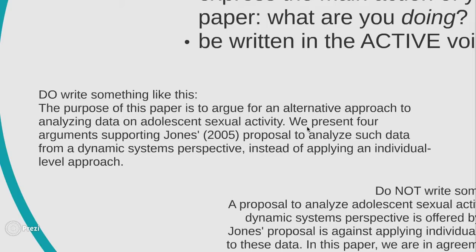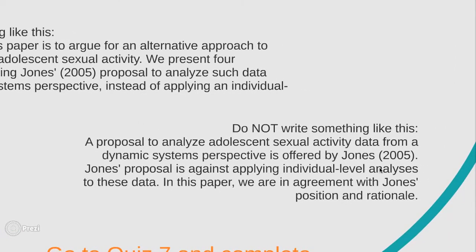The important part of this statement is not this: we present 4 arguments supporting Jones's proposal to analyze such data. This is not the main part of your paper. This is. So you don't want to flip it around and have the author that you're supporting or the author that's arguing against you first, because they're not as important as you. This is your paper. So this is a bad example.